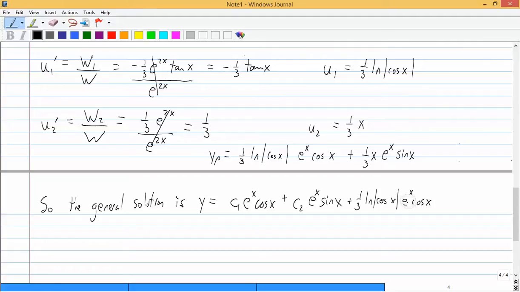You may choose to write that part in front of the natural log. It would probably be better just to make more sense, but it's okay to leave it like that. Plus 1/3 x e to the x sine x. All right.